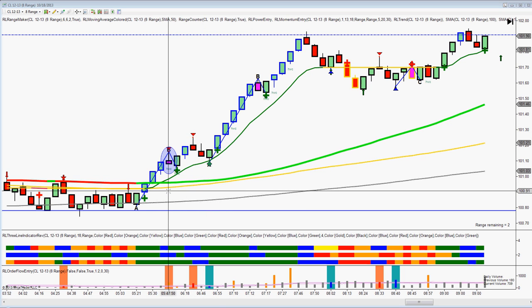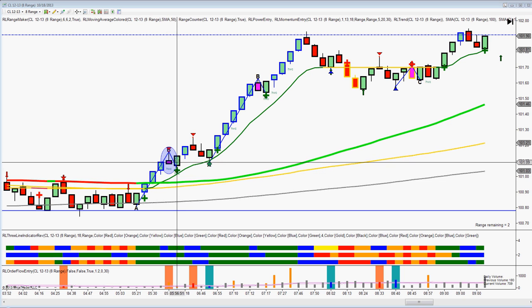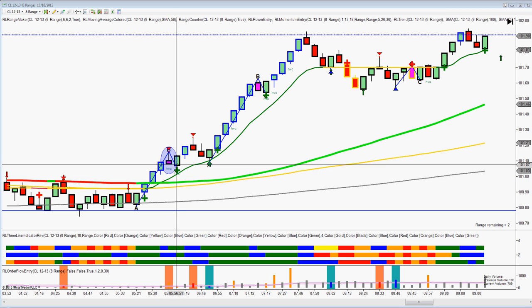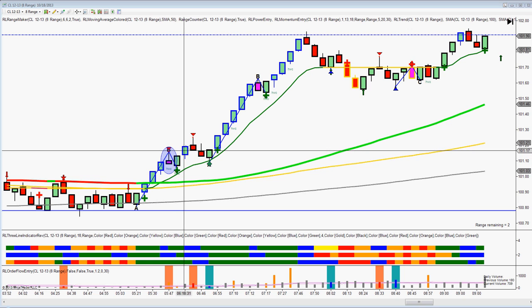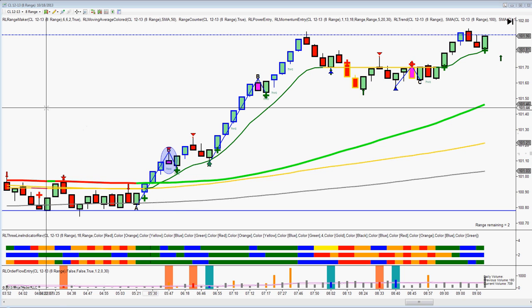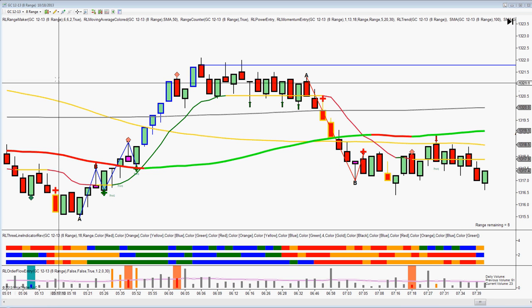So when an order flow signal in the wrong direction is overrun by a sequential engulfing candle in the opposite direction, it just has that much more power to push it up. Now let me go over that again with a different trade.